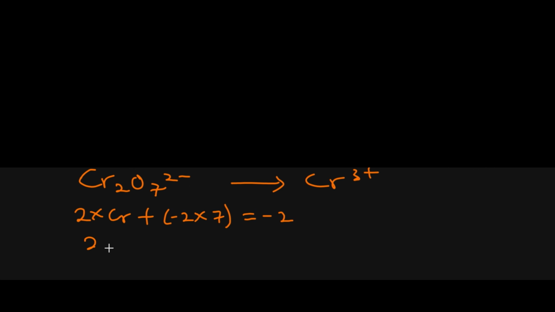So from here, this 2Cr minus 14 is equal to minus 2. This is 2Cr is equal to minus 2 plus 14. Then you get 2Cr is equal to plus 12. Divide both sides by 2.